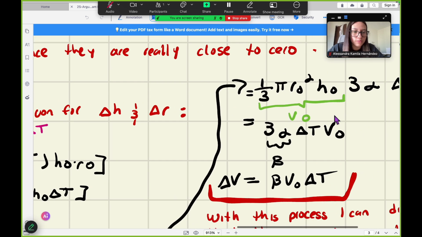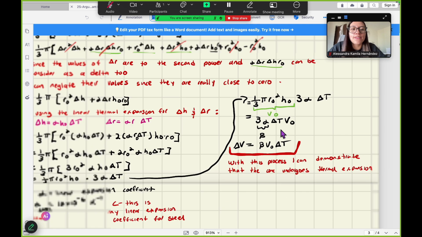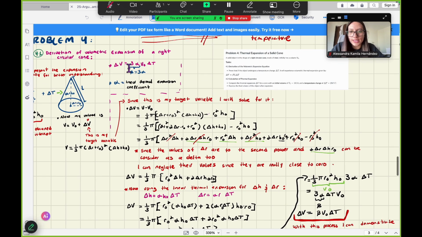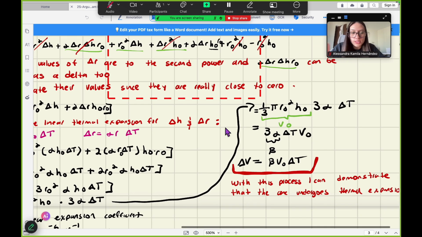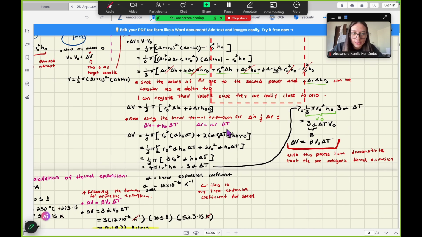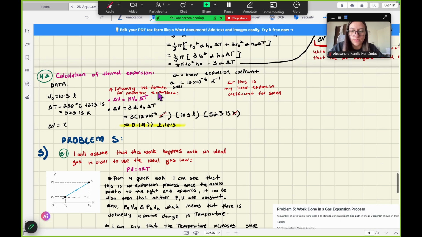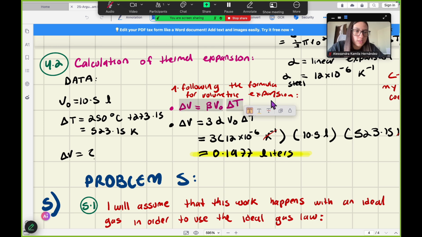So I can just say that this is equal to my initial volume, and at the end I obtained the same equation as the one given over here. So with all of this process, I can demonstrate that this is actually going through a thermal expansion process.